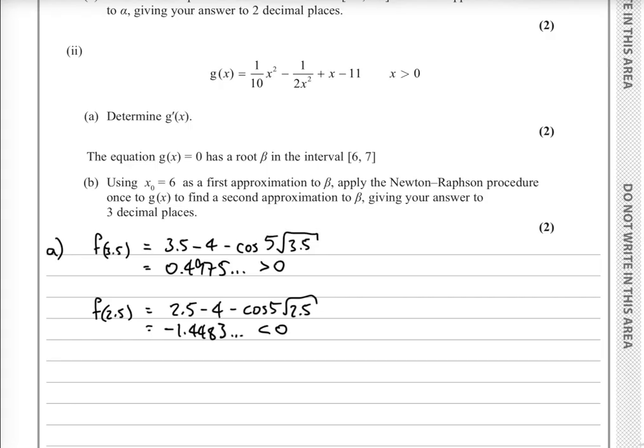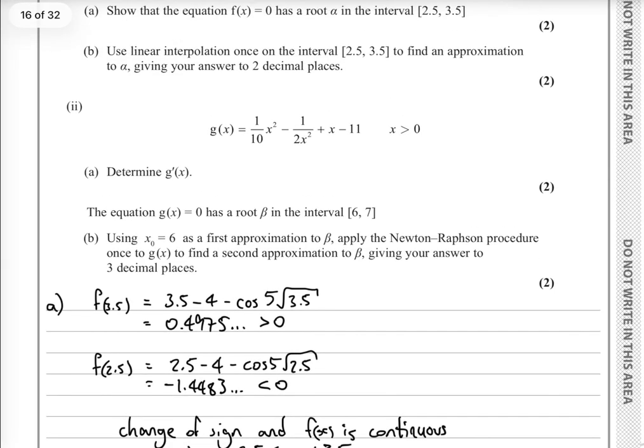Then you need two key things here. You need to say change of sign, from positive to negative or negative to positive, and you need to say that f of x is continuous. Therefore, alpha must be between 2.5 and 3.5.